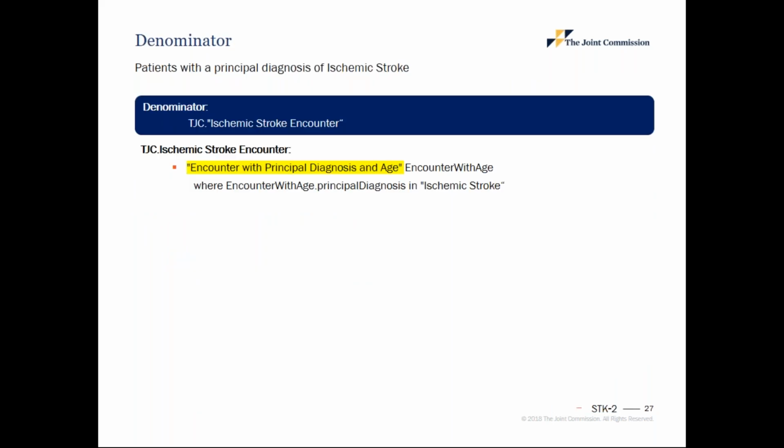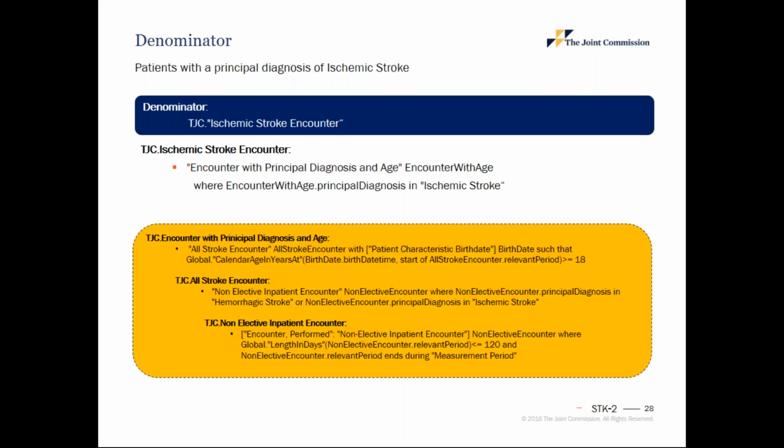Once the patient qualifies into the initial population, the process moves to the denominator. And the denominator is looking for patients with a principal diagnosis of ischemic stroke. The definition for the denominator is ischemic stroke encounter. And you'll notice in the logic that we reuse the encounter with principal diagnosis because that is a qualifying encounter to continue moving forward.